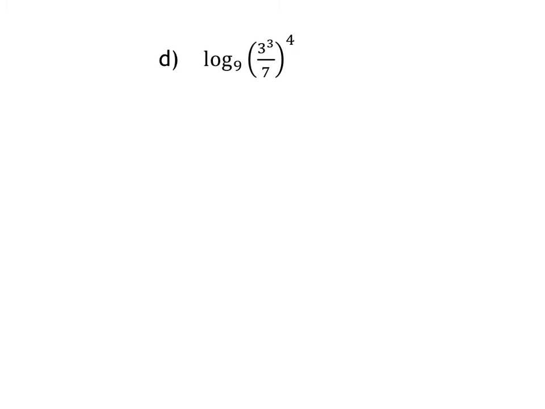All right, last one. All right, so let's go ahead and simplify this. So I can go ahead and distribute this. So that gives me log base 9 of 3, power of a power I multiply, so 3 to the 12th over 7 to the 4th. Let's just leave it like that.